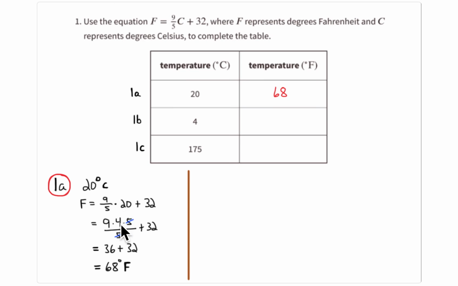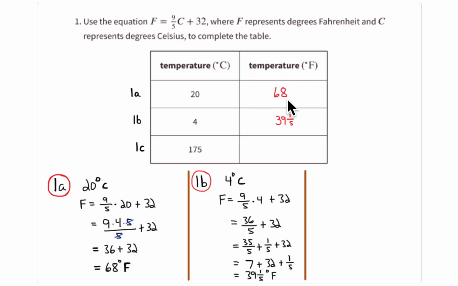I would factor the 20 into 4 times 5, and then times that 9. The 5s can cancel out. So now you get 9 times 4 is 36. You add that to 32 degrees, and you end up with 68 degrees. So these are the same temperatures. This is that same temperature measured in Celsius, and that same temperature, by the same temperature, I mean the same amount of heat, measured as 68 degrees.